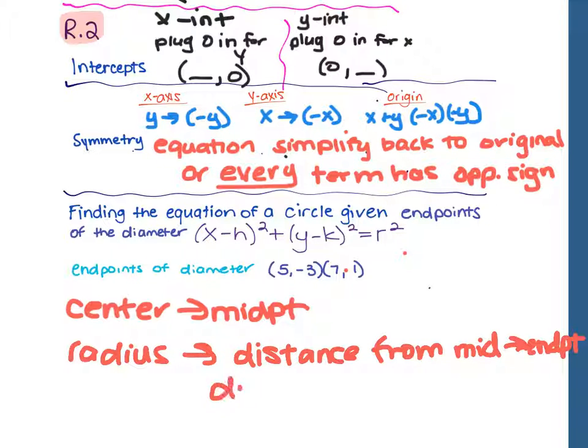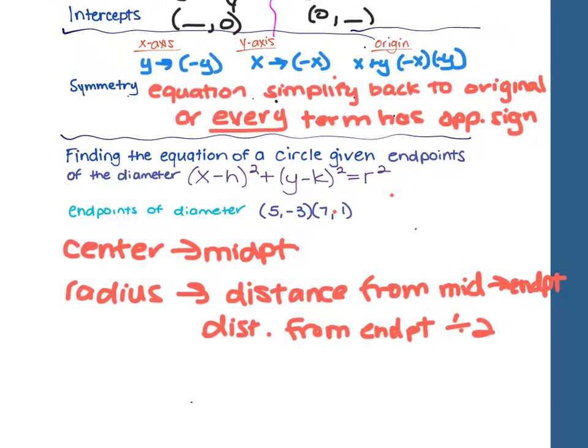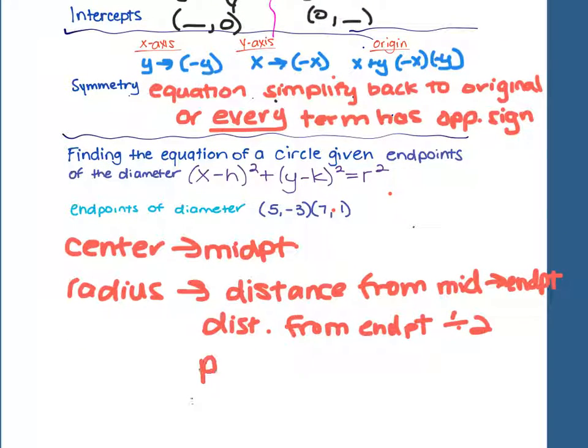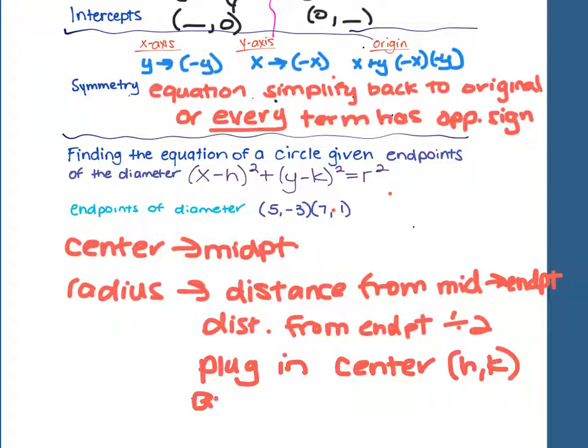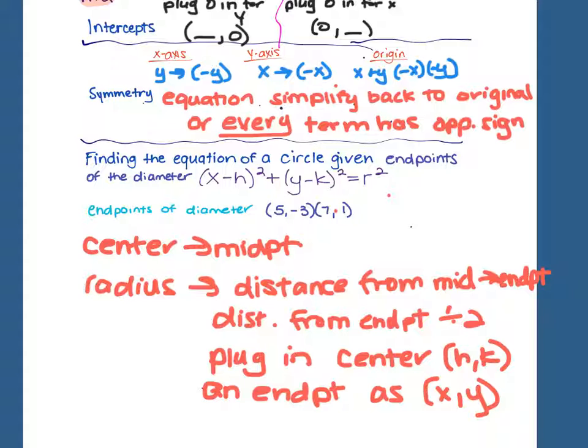Or I can find the distance from endpoint to endpoint, but divide it by 2. Or I can plug in the center as my h and my k, and either endpoint, doesn't matter which one, as my x and y. And then I can solve for r that way. So you do whichever way works for you.